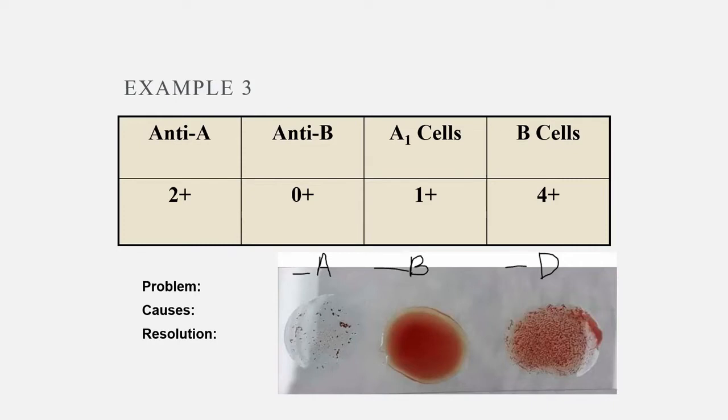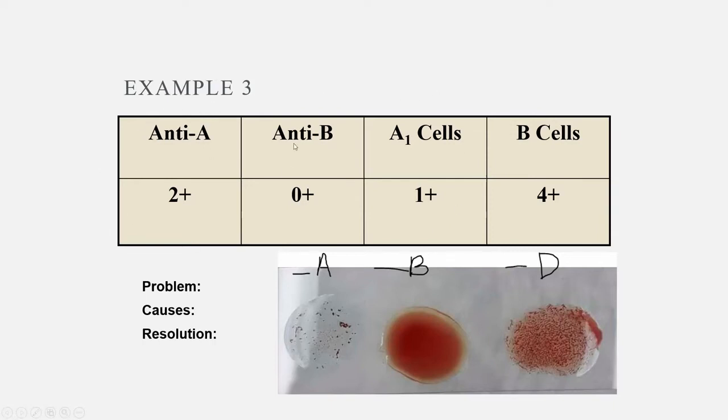So extra or missing? Okay, so we have an extra reaction, but also a weak reaction with our anti-A. So, a strong reaction with anti-B, and a weak reaction with anti-A.